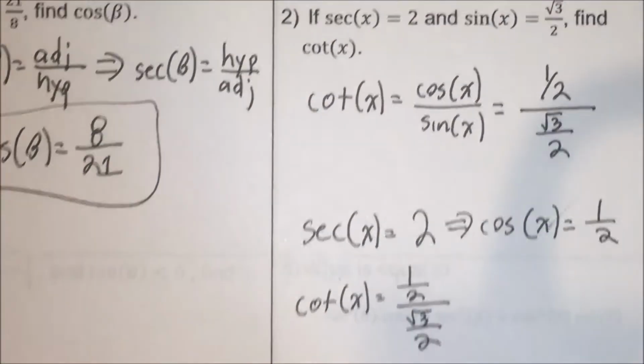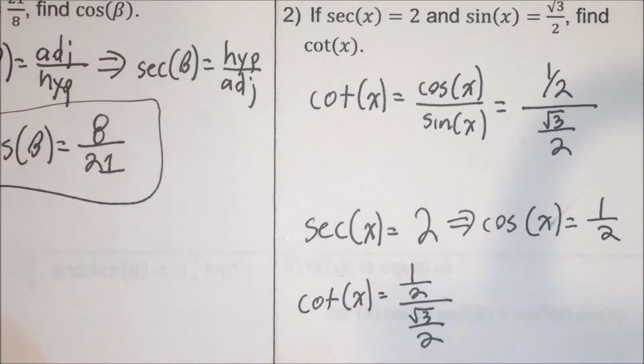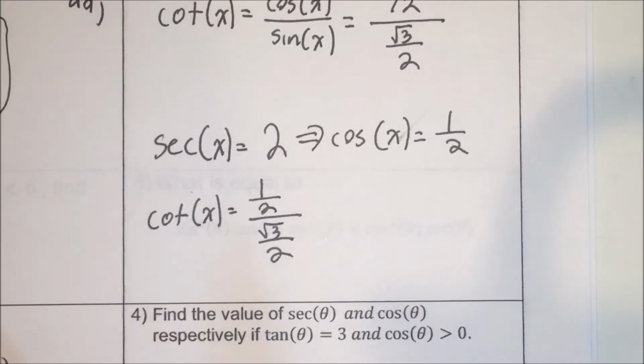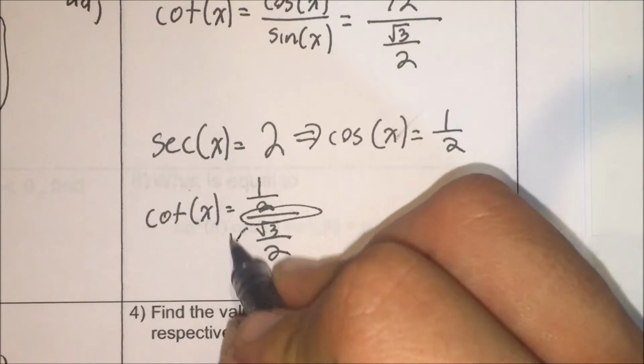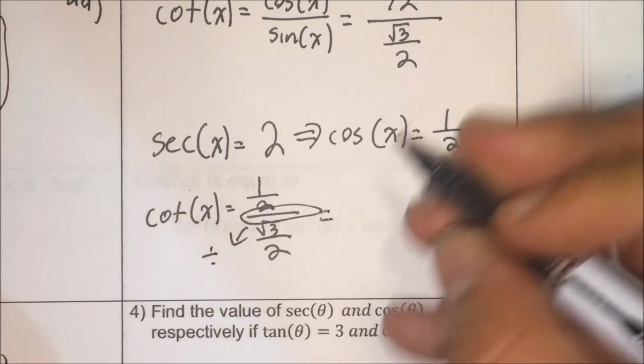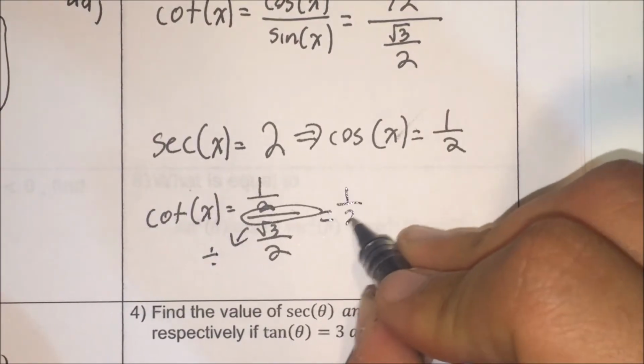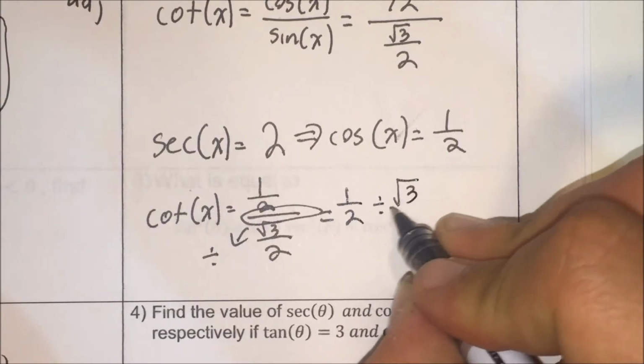Notice what we're doing: we're dividing fractions. So how do we do that? Remember that this big bar in the middle, we can treat like a division sign. So that's 1/2 divided by the square root of 3 over 2.